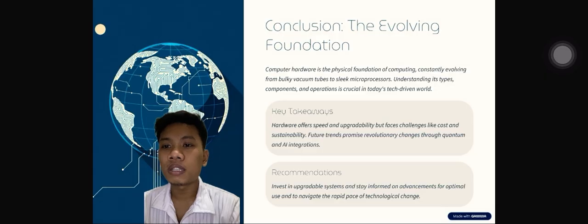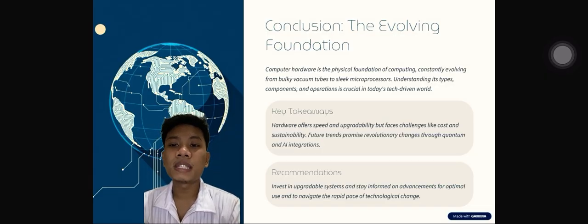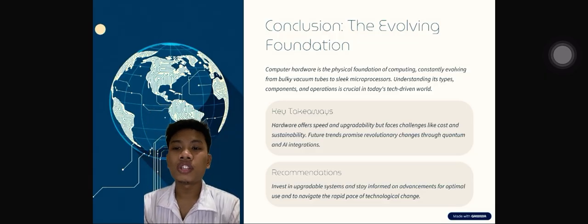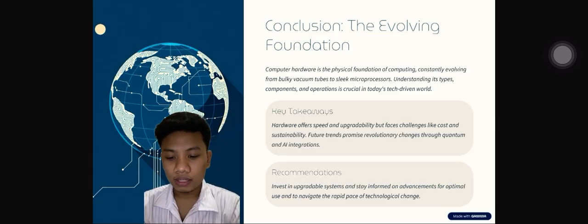Understanding its types, components, and operation is essential in today's technology-driven world. While offering speed and ease of upgrade, hardware faces challenges such as cost and sustainability. Future trends promise revolutionary change through quantum integration and artificial intelligence. And that's all for me.